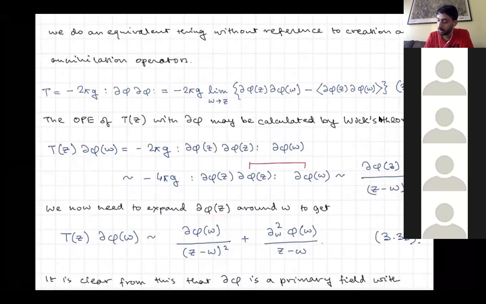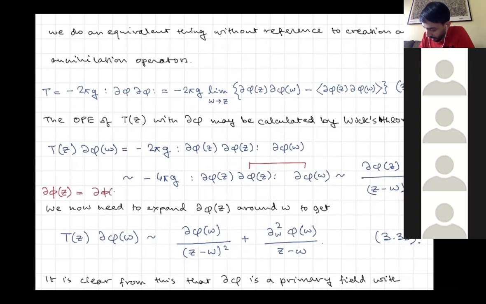So we expand this out. If you expand it out, del phi of z is del phi of omega plus z minus omega times del squared phi of omega plus dots.